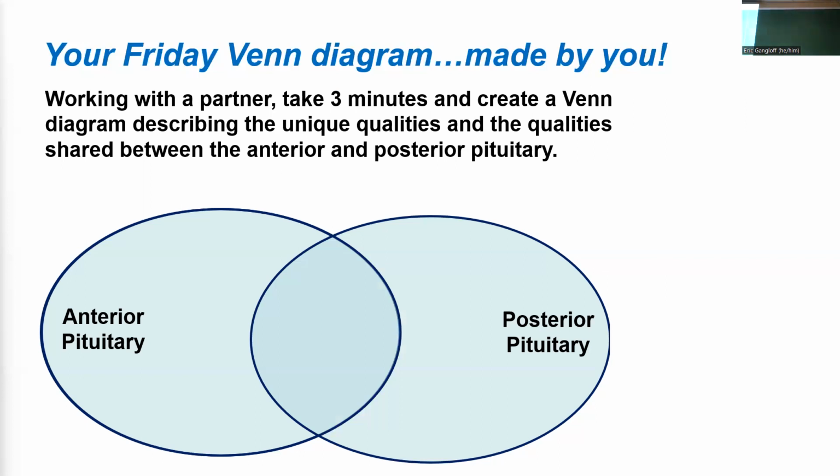The anterior pituitary makes its own hormones, right? And that's a whole bunch of them. We listed like 7 of them in class, including ACTH and FSH, et cetera. And these hormones are regulated by the hypothalamus, which creates hormones that travel through the bloodstream to the anterior pituitary, and then signal the anterior pituitary to make and then secrete those hormones.